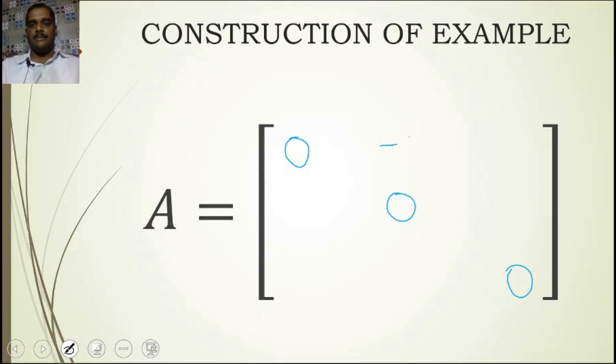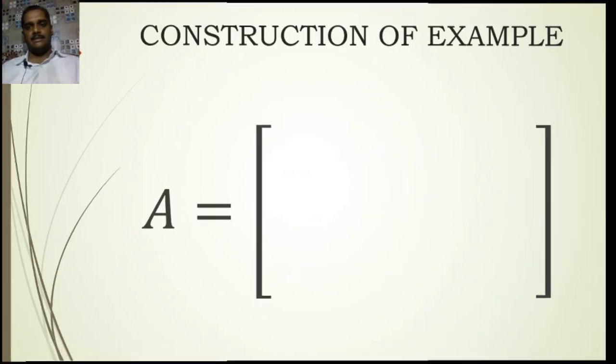Suppose I put minus 2 here, the negative of minus 2 is 2, so you put 2 at the cross diagonal. Suppose I have 7 here, so I put its negative, minus 7. Suppose I have 6 here, so I put its negative, minus 6. So this is how we construct an example of a skew-symmetric matrix.